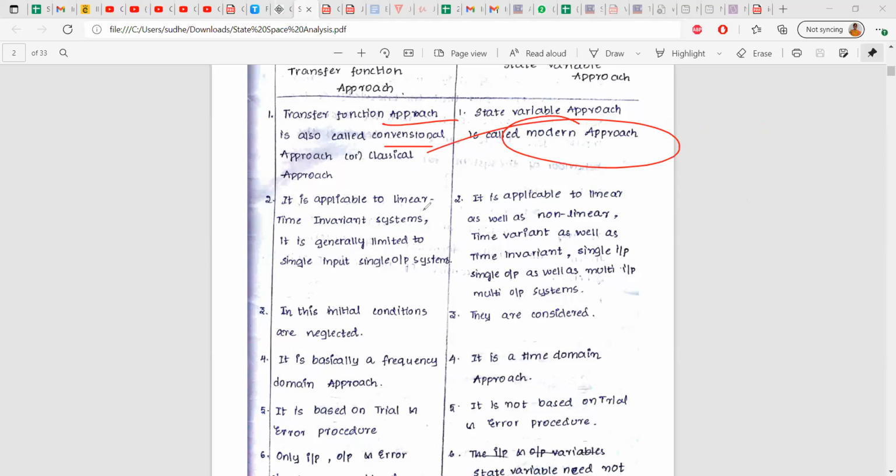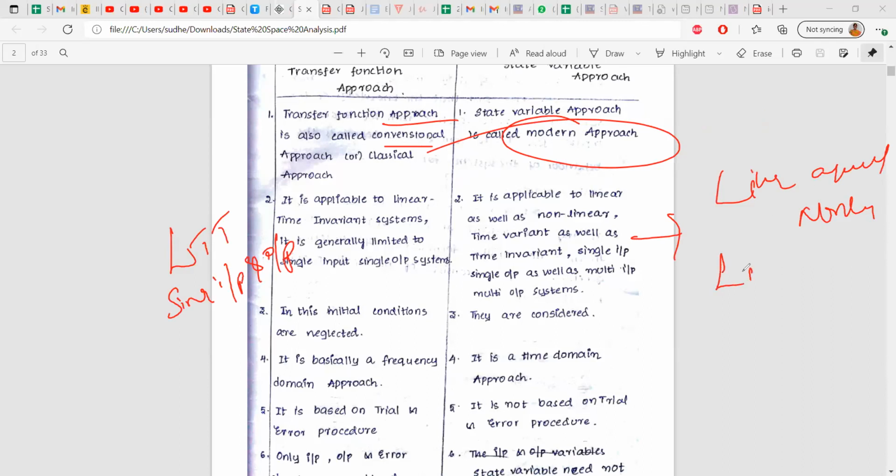One is applicable for only LTI systems and single input single output systems. The other is applicable for linear as well as non-linear, time invariant and time variant systems, and multi input and output systems.